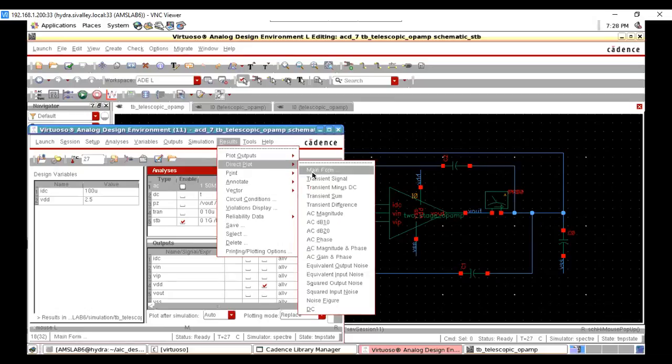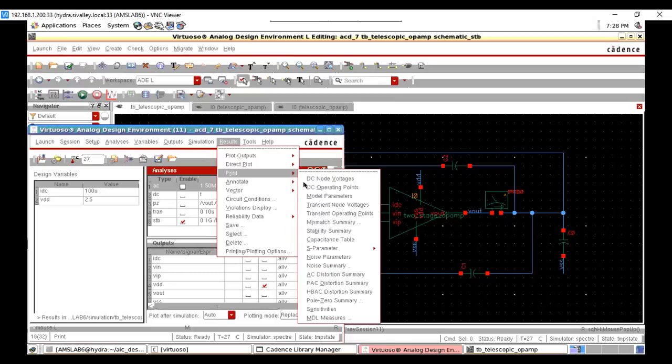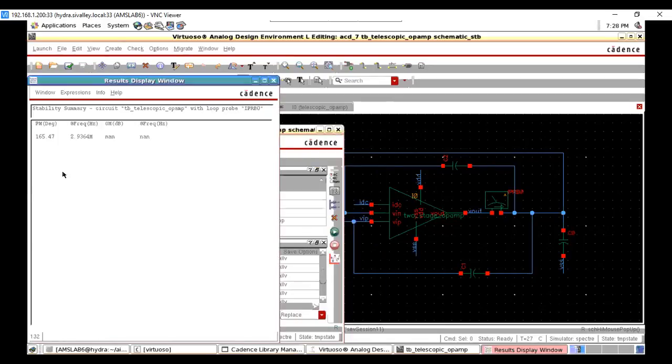Okay, now I should have the stability printed up. Yes, the phase margin is coming 165. Really?